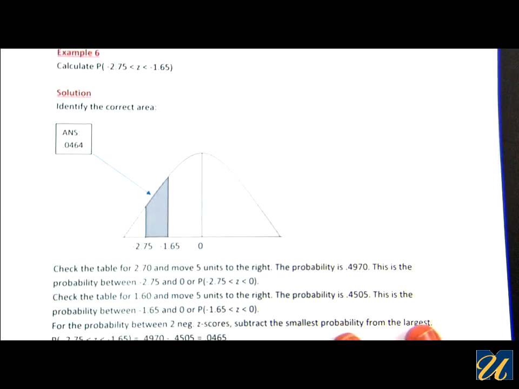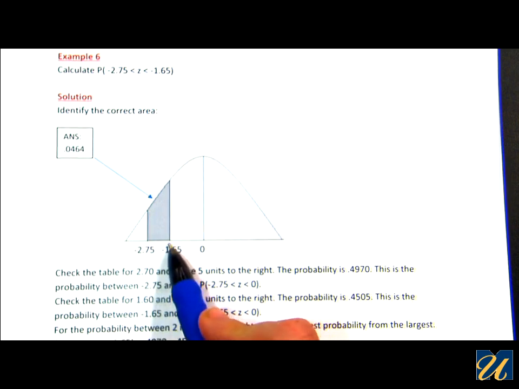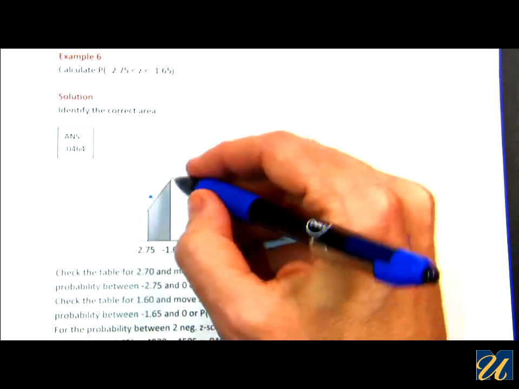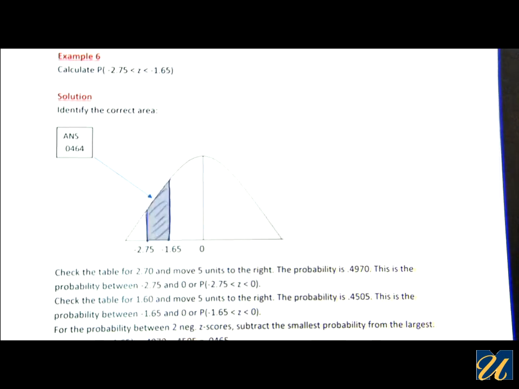And let's see why. Let's look at this example. Calculate the probability where the z-score is between negative 2.75 and negative 1.65. So negative 1.65 is here, negative 2.75 is there. I'm looking for the area between these two values.